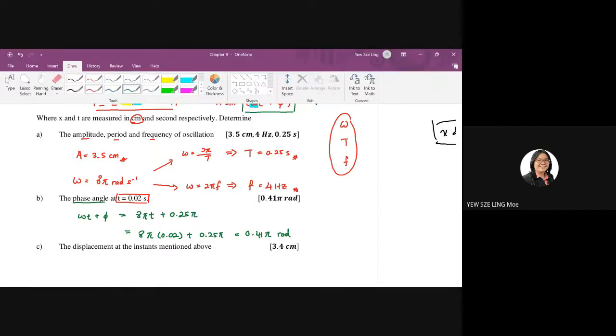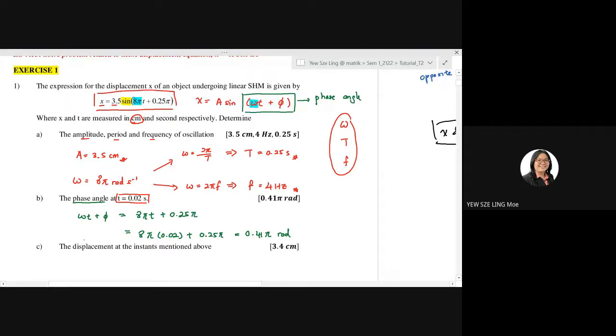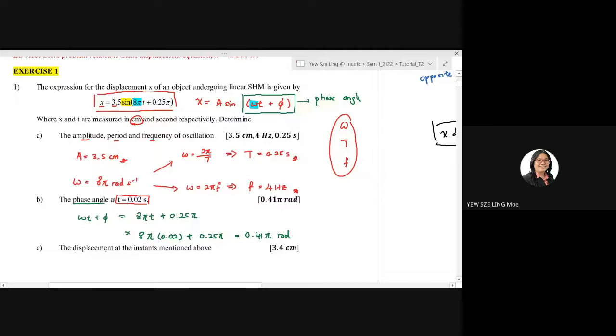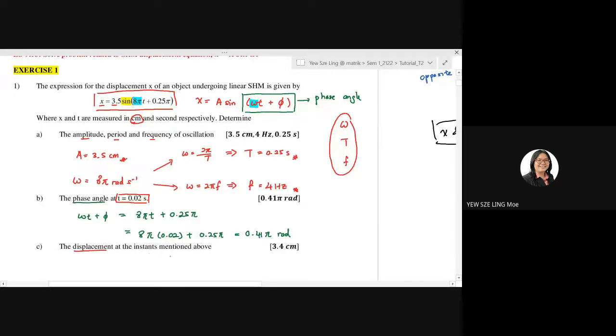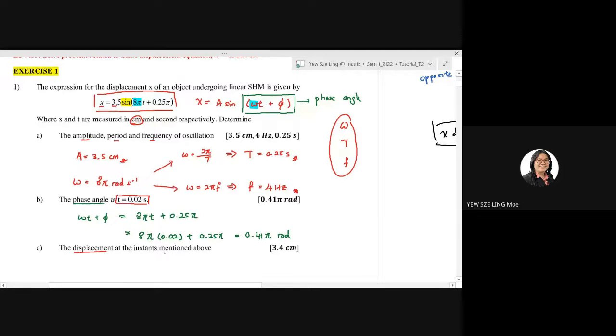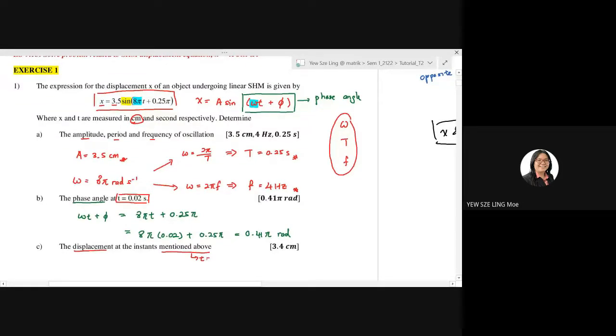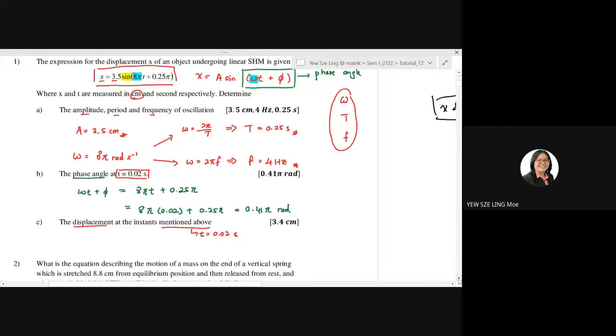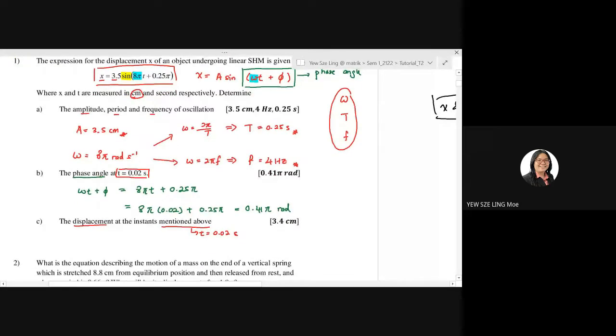Now for question C, how are we going to solve it? The displacement at the instant mentioned above, which means the displacement at t equals 0.02 second. Again, very simple. Since you're given the value, you just substitute the value into the equation.